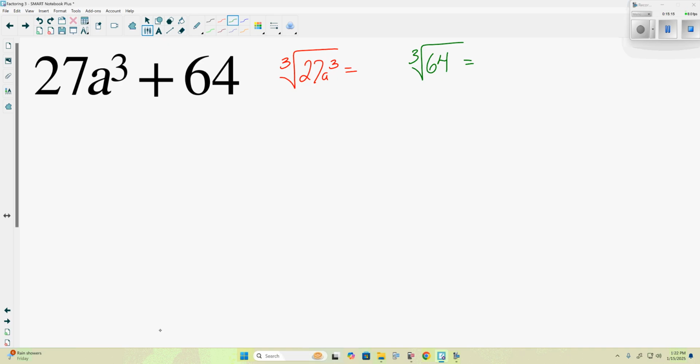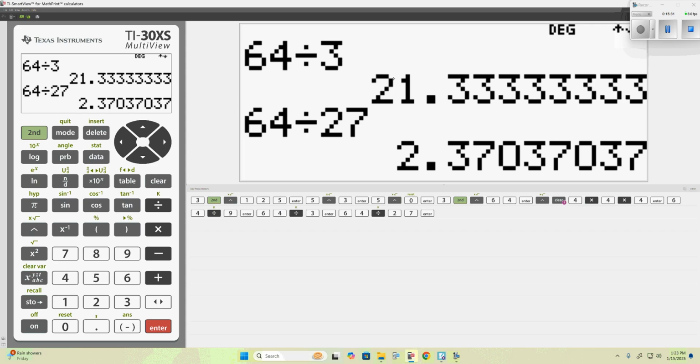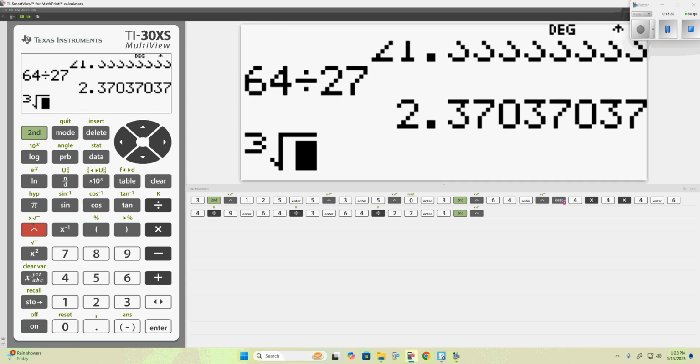So we can check cubed roots to see if these are perfect cubes. Now the 27a to the third, well, the cubed root of a to the third is a. Now the cubed root of 27 is 3.